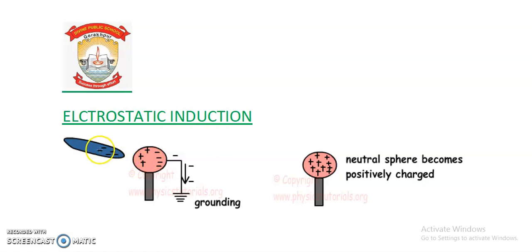The electrons which have been removed from the atoms are repelled by these negative charges on the other side of the sphere, and the positive charges are attracted towards this side. Due to the attraction force, these positive charges are located over here, and due to the repulsion, these negative charges or electrons are located over here.